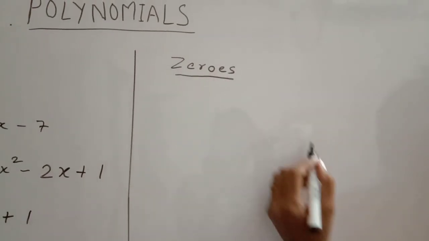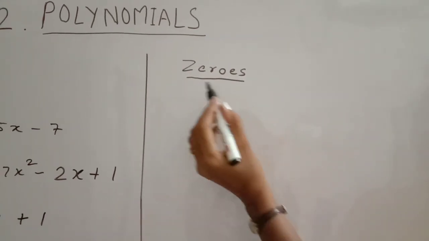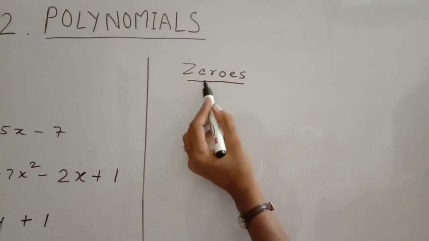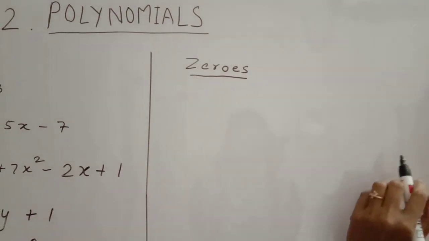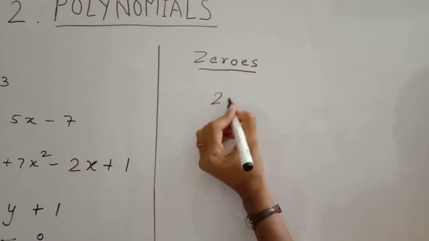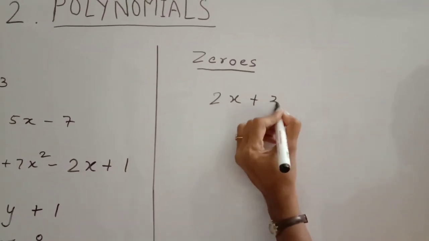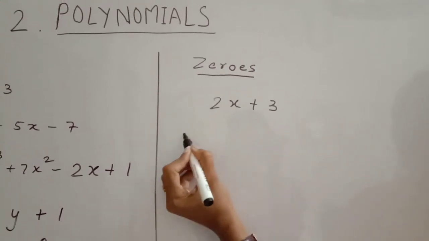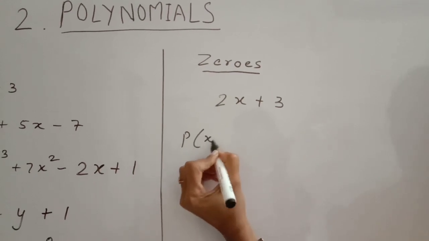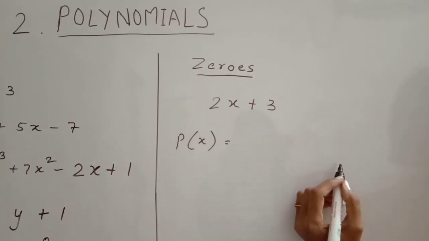Now we will talk about the zeros of the polynomial. In our course, we have to talk about the zeros of linear polynomial and quadratic polynomial. So, let us take a linear polynomial 2x plus 3. Now, what is the meaning of zeros? That value of x which, when put in this p(x), we get the answer 0.